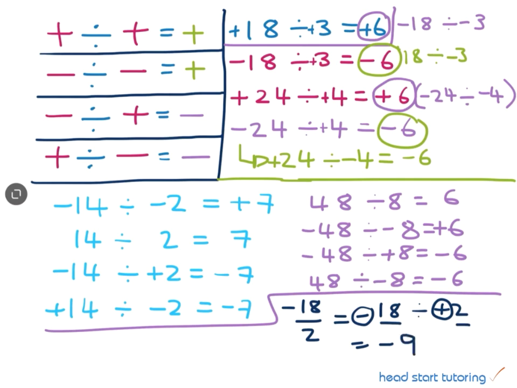If we have a look at another example, negative 9 divided by negative 3, that means negative 9 over negative 3, which is the same as 9 over 3, and that will give us an answer of positive 3 or just 3, because a negative divided by a negative is a positive, and 9 divided by 3 gives us an answer of 3.